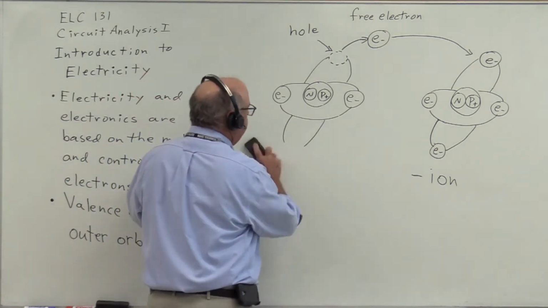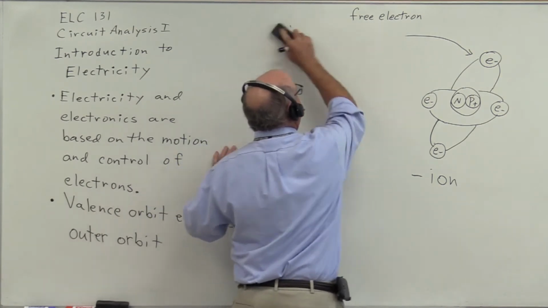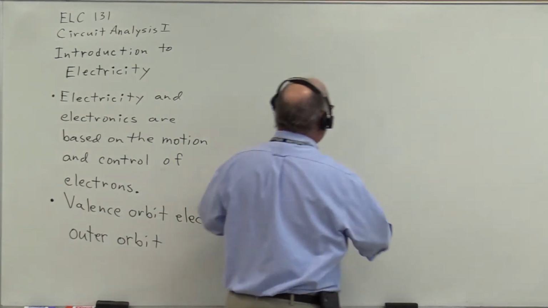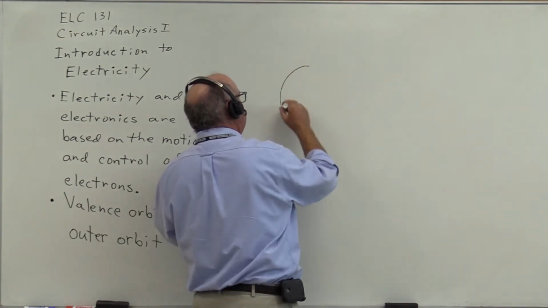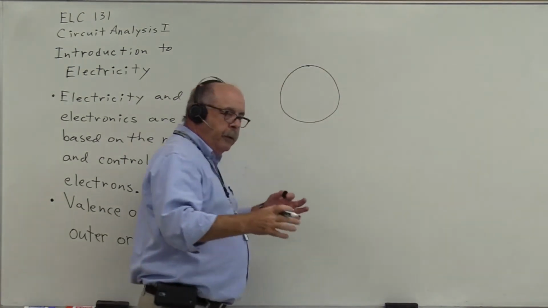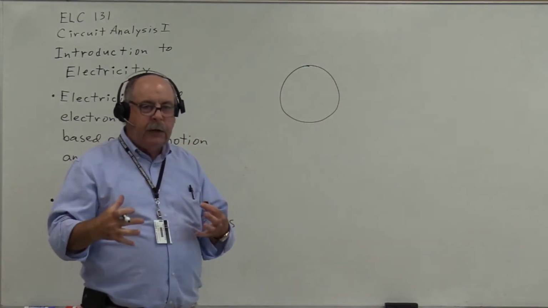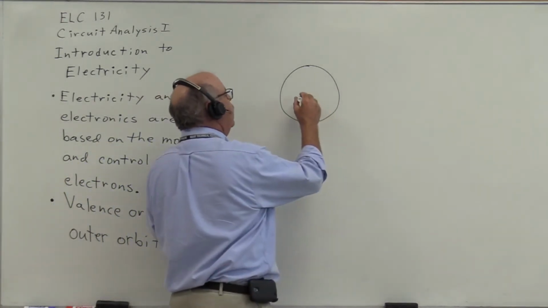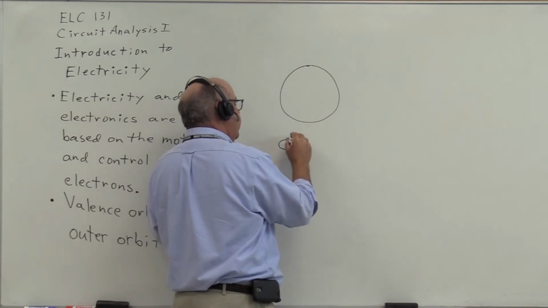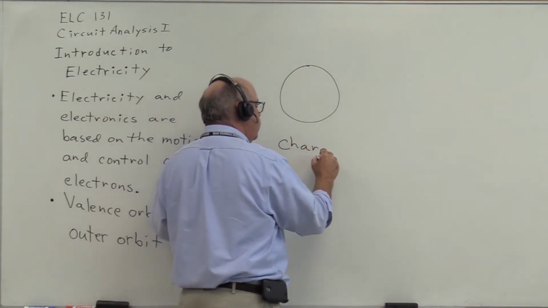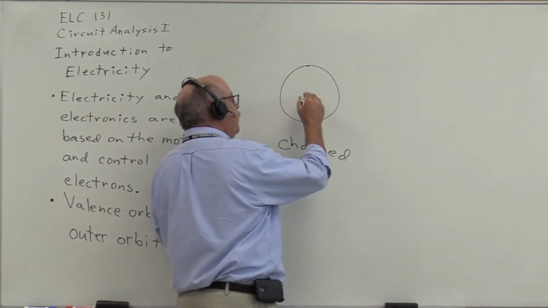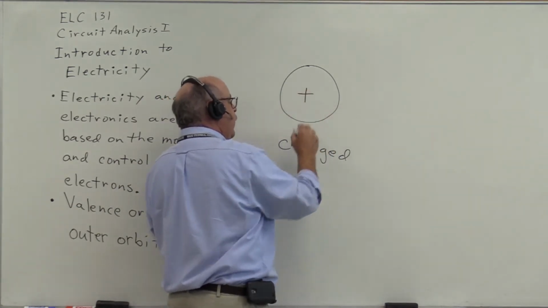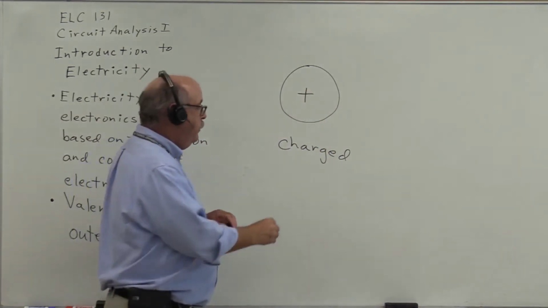Now, if I could take some body, and not somebody, but some body, and rip a bunch of electrons loose from it, then I would have a charged body. And if I rip electrons loose from this, then it now has a positive charge.